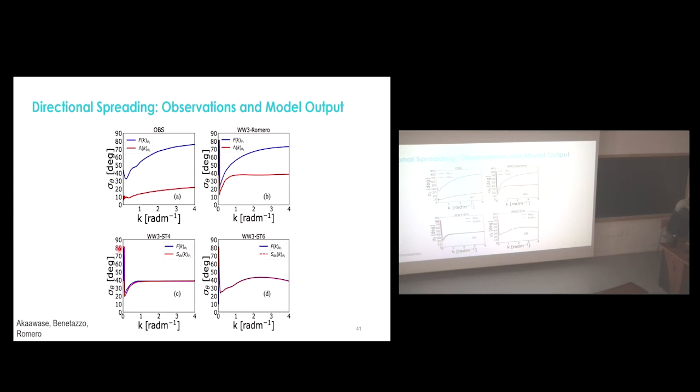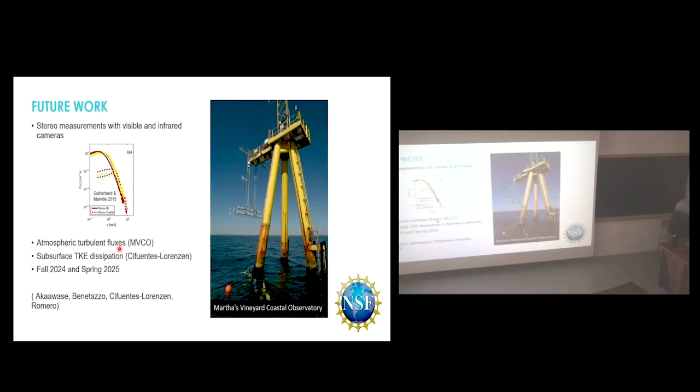We're also funded to do more of this work with both visible and stereo imagery at Martha's Vineyard. We're going to be deploying IR and visible cameras from the Air-Sea Interaction Tower, hopefully this fall. And we're also going to be doing subsurface TKE dissipation in collaboration with Alejandro Cifuentes.